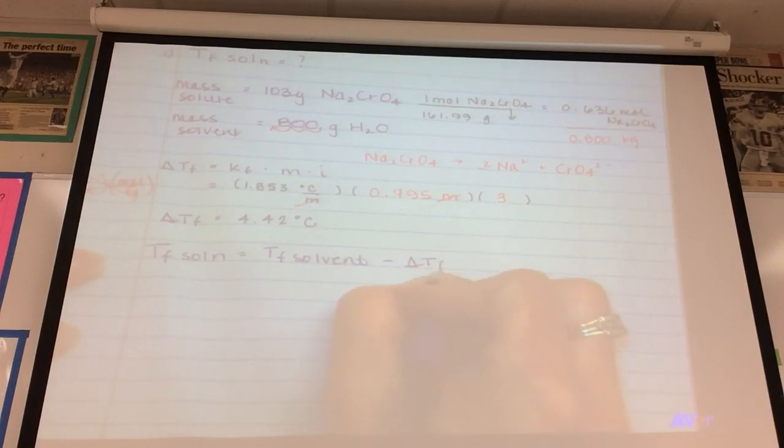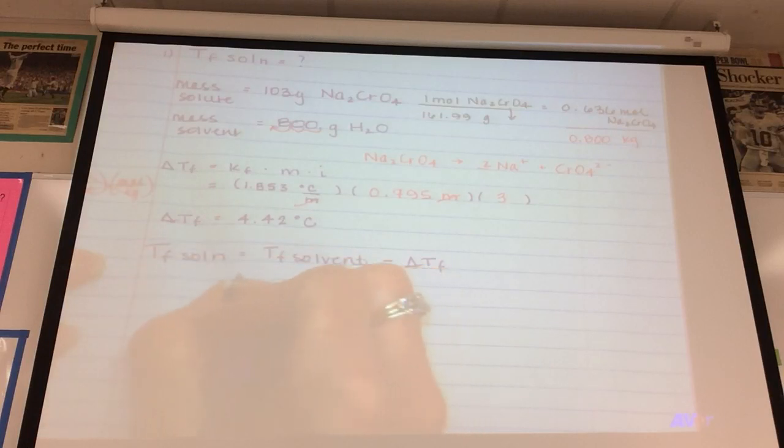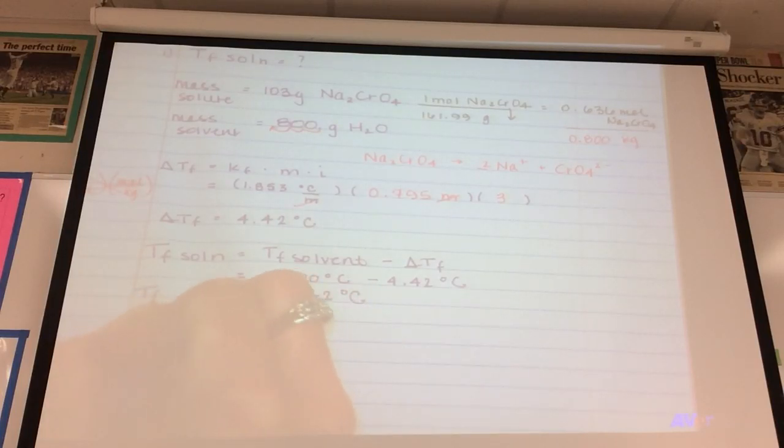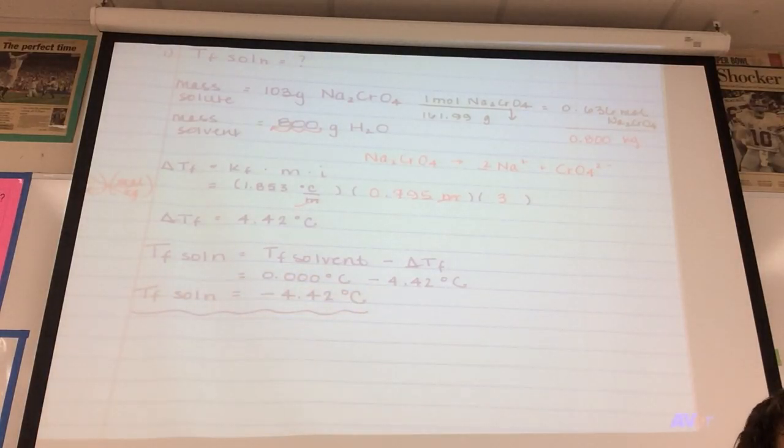It is okay to get a negative temperature for the freezing point of a solution, especially if your solvent is water. So this salt solution freezes at negative 4.42 degrees Celsius, and if you sprinkled this on the roadways, which you would not, now it has to be even colder out for the roadways to freeze, so you're not driving on a little pond.